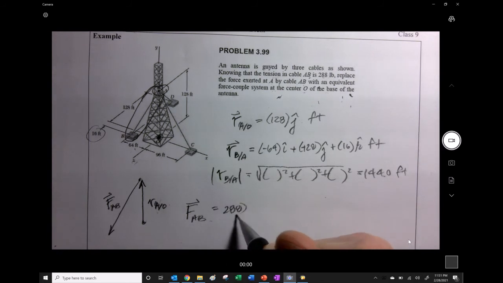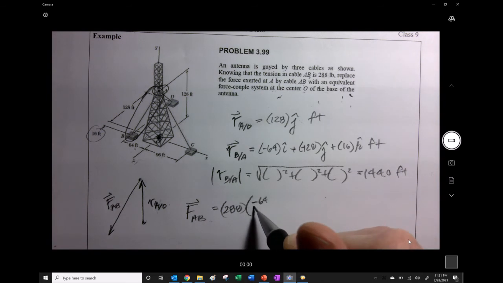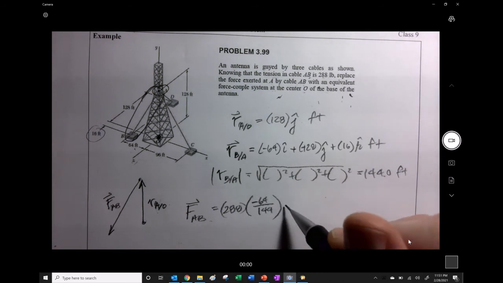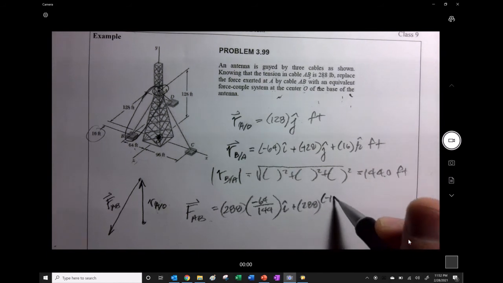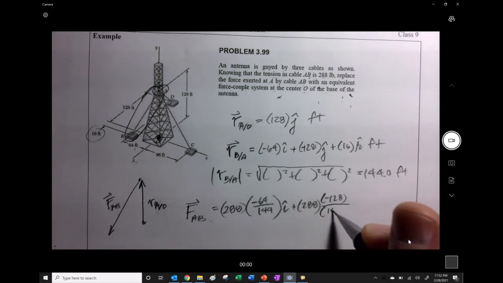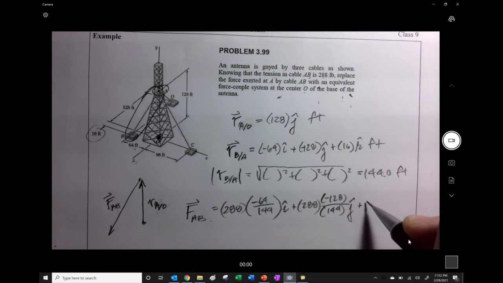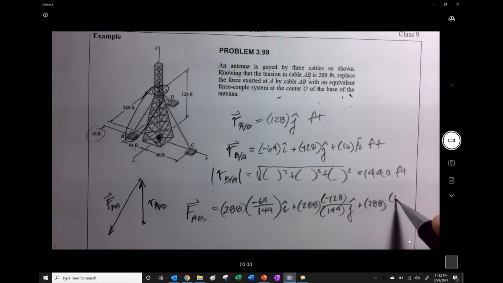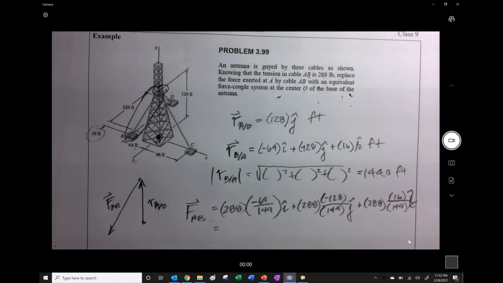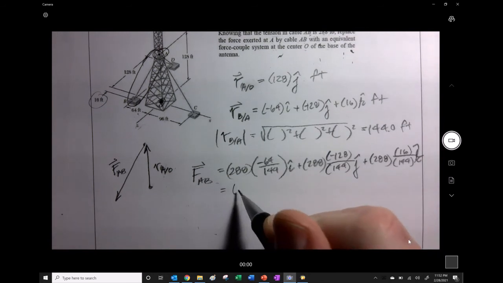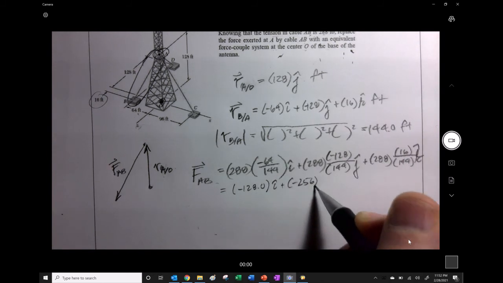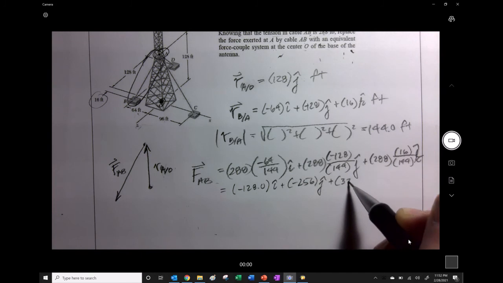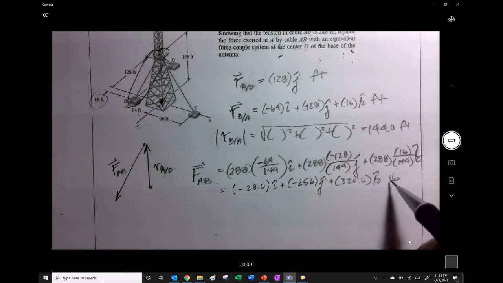Negative 64 over 144 I, plus our 288 and our negative 128 over our 144 J, and then our 288 times 16 over 144, that's a K. So we're going to come up with values of negative 128 I, negative 256 J, and 320 K, and these are all pounds.